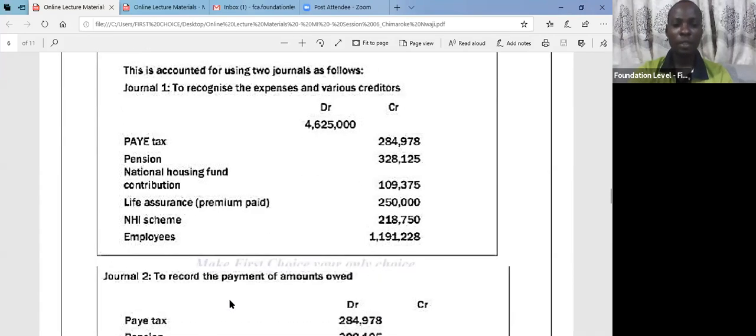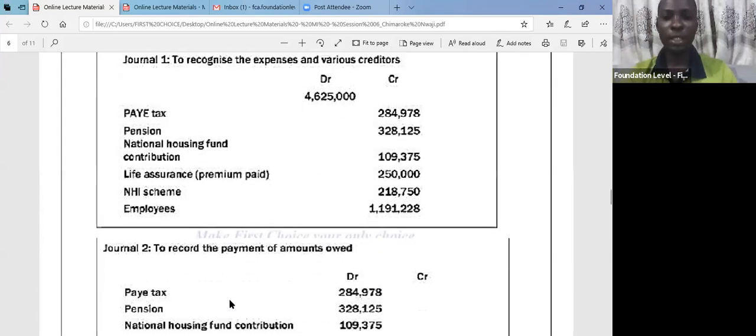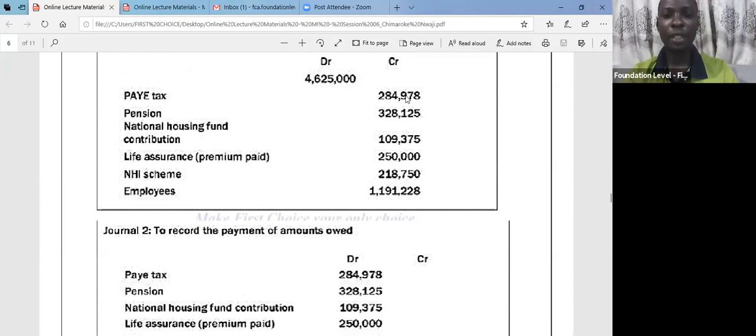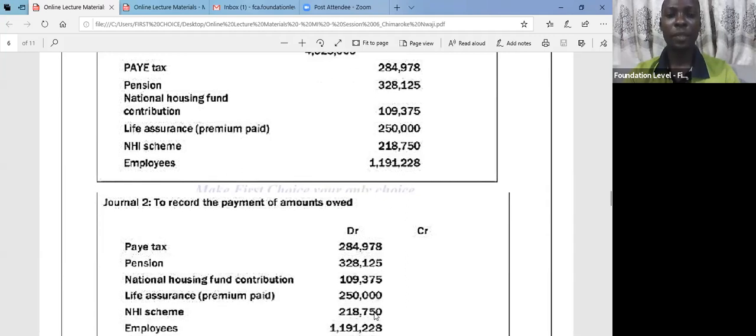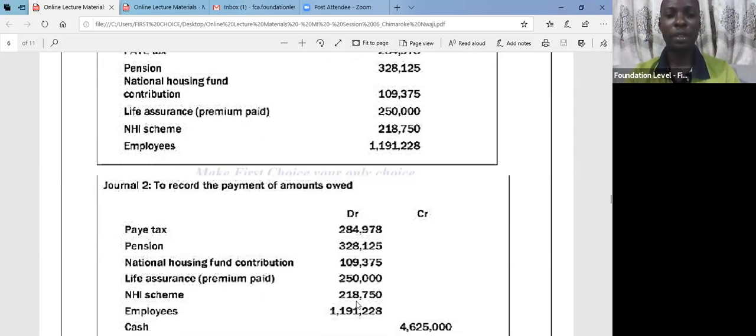Then what do you do next? All these items that you have credited, when you start paying them, you now start debiting them to the expense head. So you are paying them off, you are debiting them. When you pay off your employees, which is the net pay, everything is debited with cash or bank.